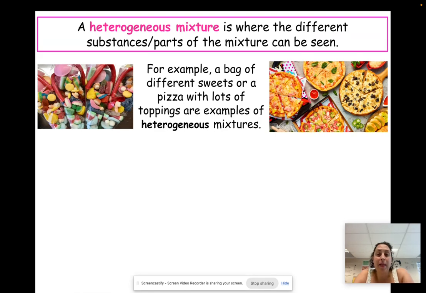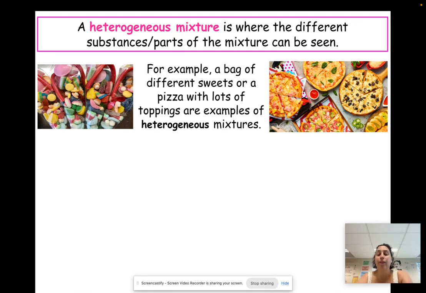Or for example, pizza. Sometimes when I order pizza, I forget to tell them I don't like olives, and so I end up with olives on my pizza, and then I have to pick them off. But I can do that because I can see the olives and I can see the pieces and I can remove them. So in heterogeneous mixtures, you can see the different substances.